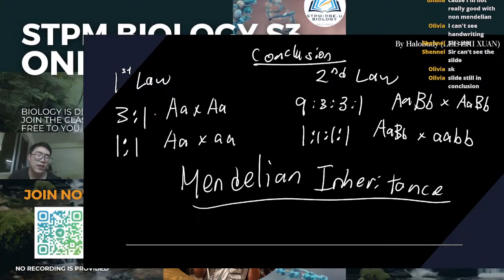If you see here, we use a red color flower and also a white color flower. If you follow Mendel, it means there will be either red only or white only.